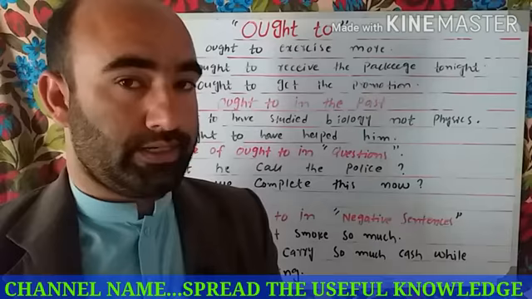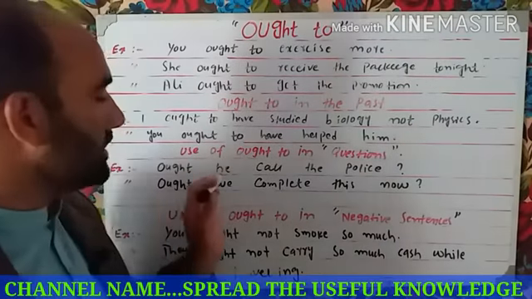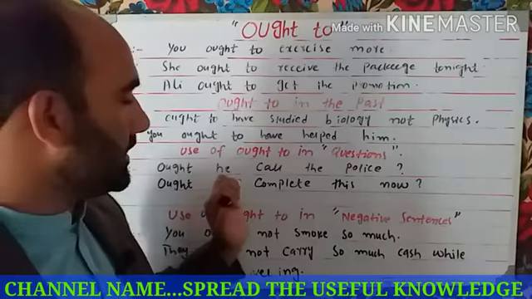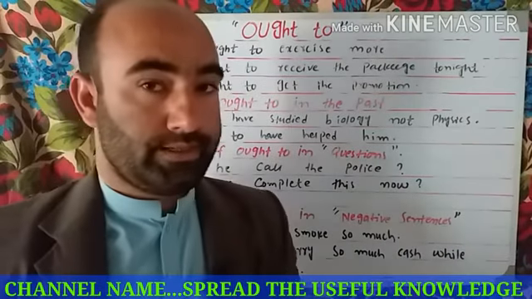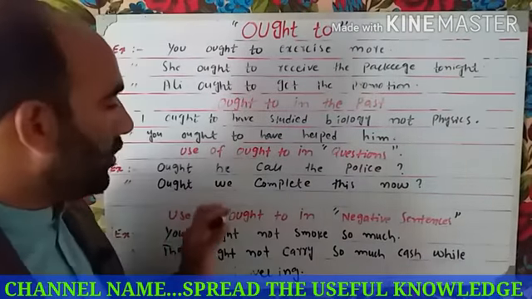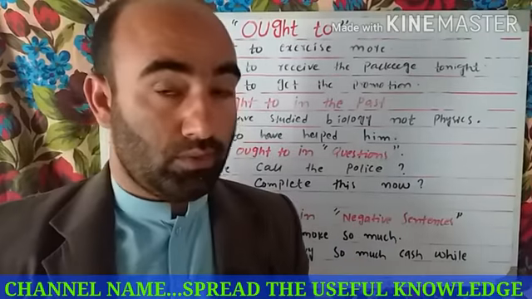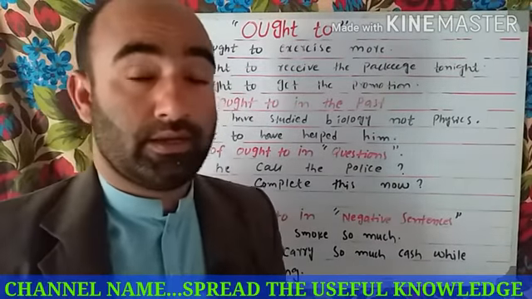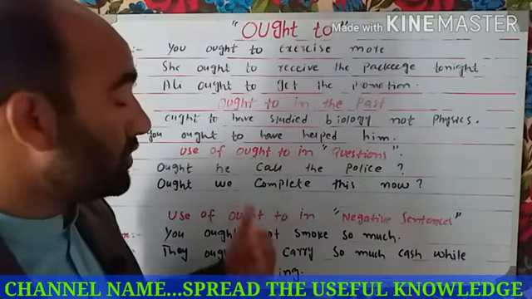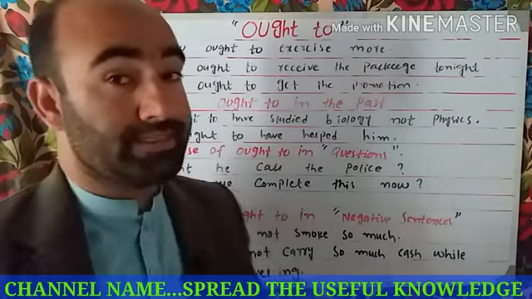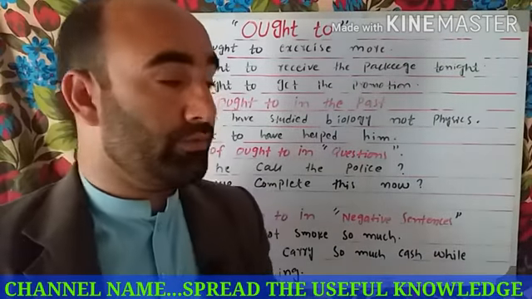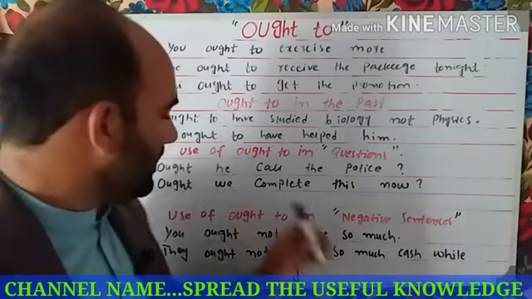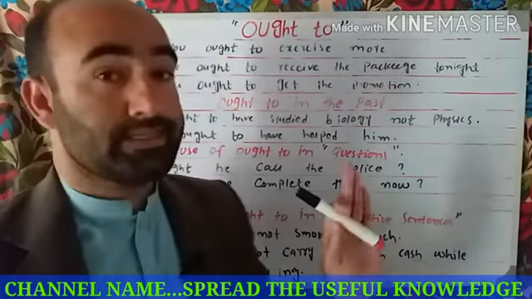To will not be written. You cannot say ought he to call the police. You can say ought he call the police for making questions. Ought we complete this now? So he is asking for an opinion from someone, from his teacher: ought we complete this now? So for an opinion or a suggestion, we use ought in questions too.